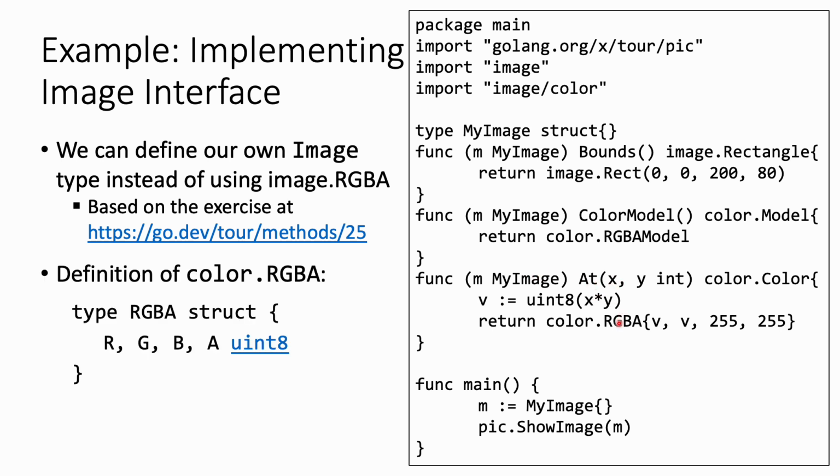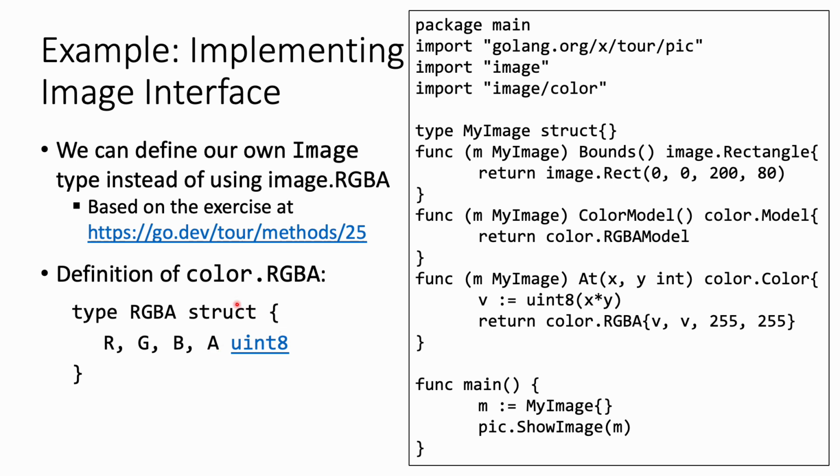The color.RGBA has 4 fields, namely R, G, B, A. All of them are of type uint8. These fields represent the red, green, blue, and alpha values of the color code.